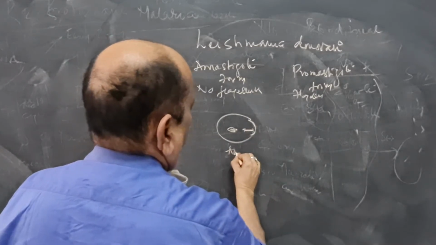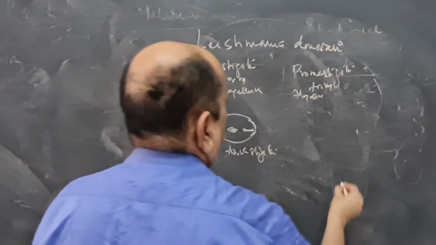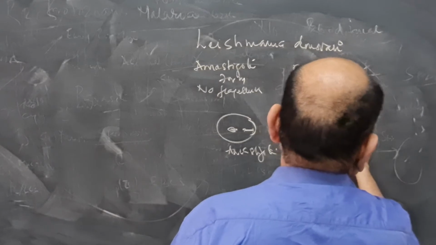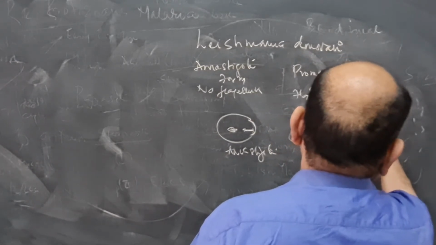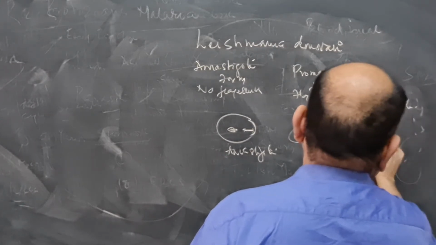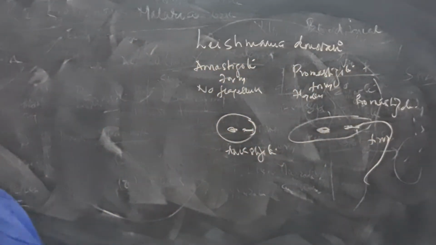This is the amastigote form, and this is the promastigote. These are the 2 forms you see in the case of Leishmania donovani.